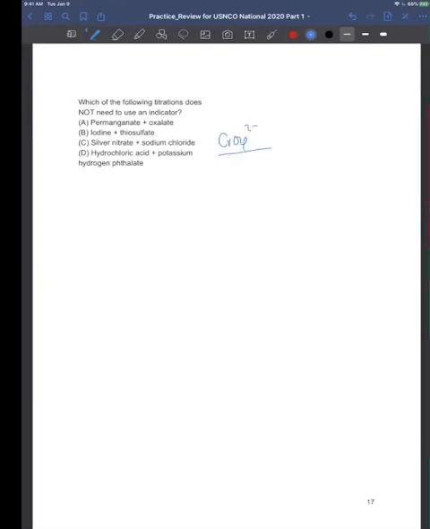The chromate combines with the silver ion to produce a reddish-brown precipitate. So when the white precipitate changes into a little bit reddish brown, we can say the endpoint is here, right? Only A doesn't need an indicator because the permanganate itself is purple. It has a very strong color, so this color will either disappear or appear to show the endpoint. Make sense?